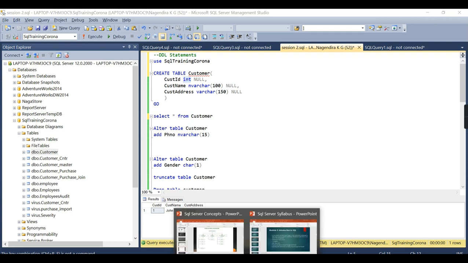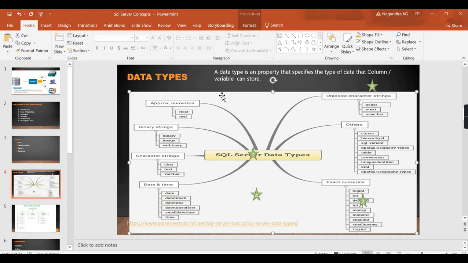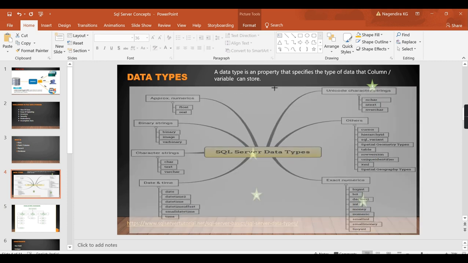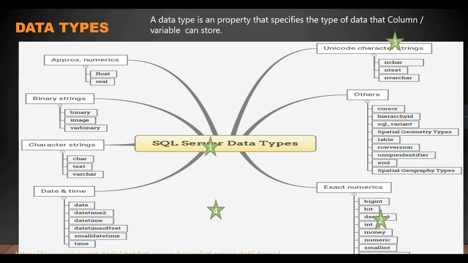So what are the different types of data types available? Let us see it here. I hope it is very small. Let me put it in big screen. So now you see, basically most of the time exact numeric you see here.